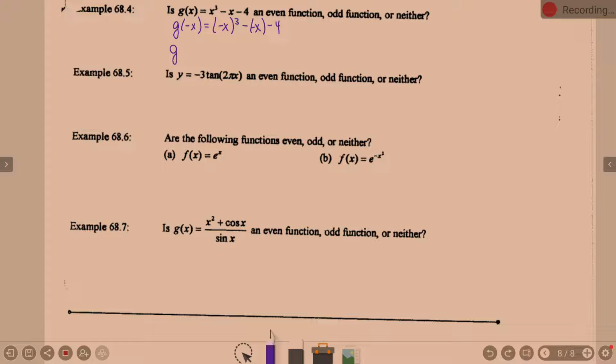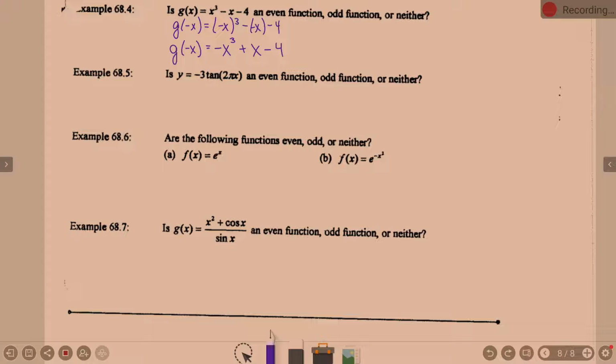What does g of negative x clean up to be? Negative x raised to the third is still going to be negative x to the third. Minus negative x is plus x, minus 4.